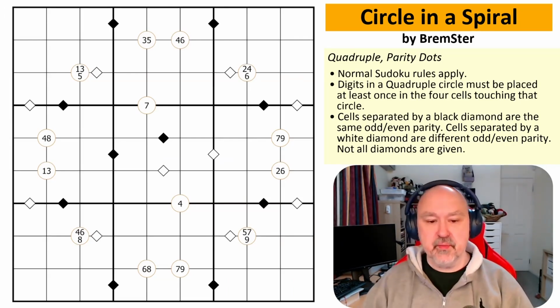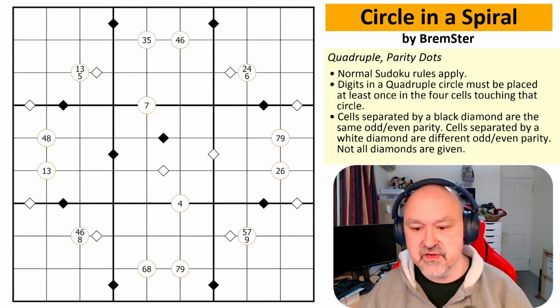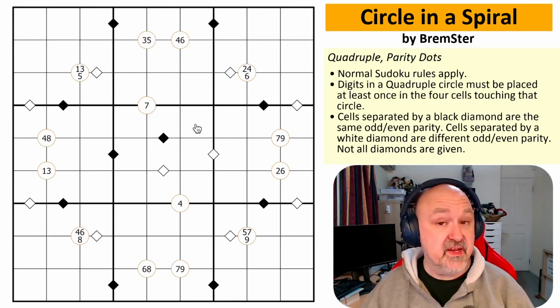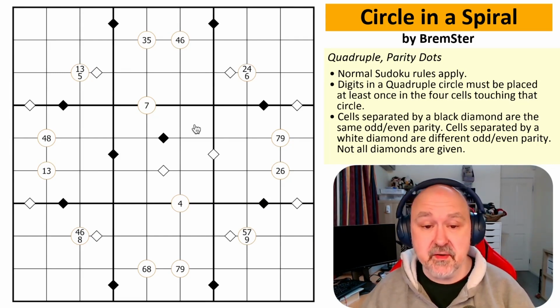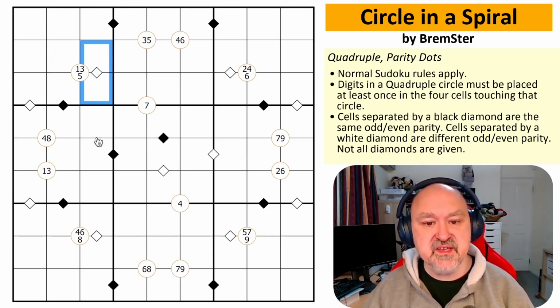I do remember the break-in tricks and everything, so I'm going to jump straight into those. So, if we look at this quad, we know that 1, 3, and 5, which are 3 odd digits, need to appear in those 4 cells. But this domino must contain an odd and an even digit.